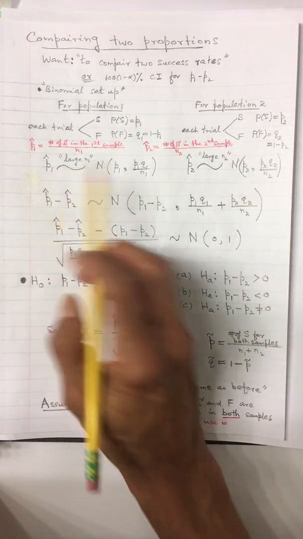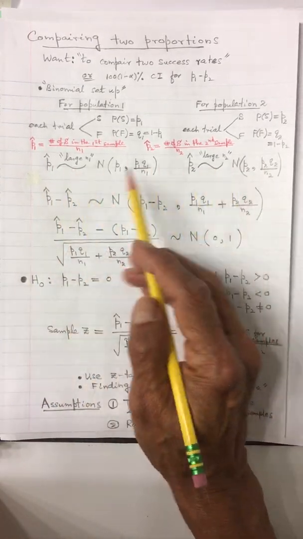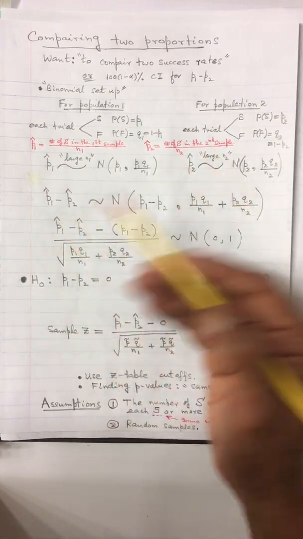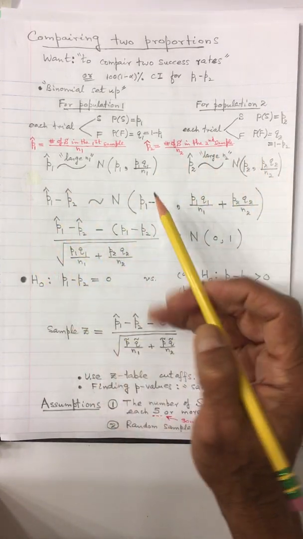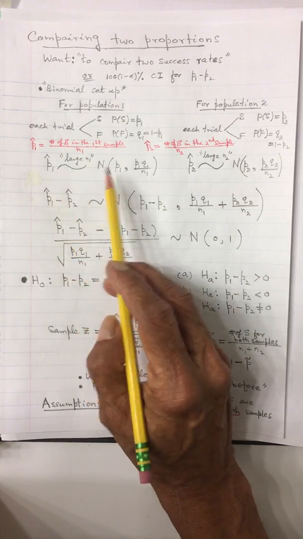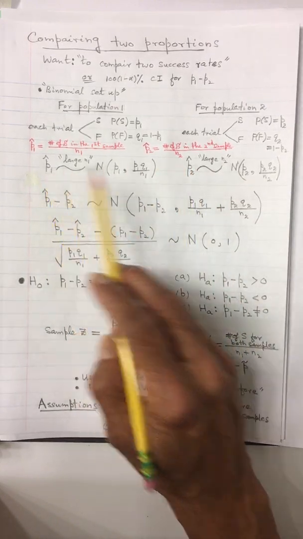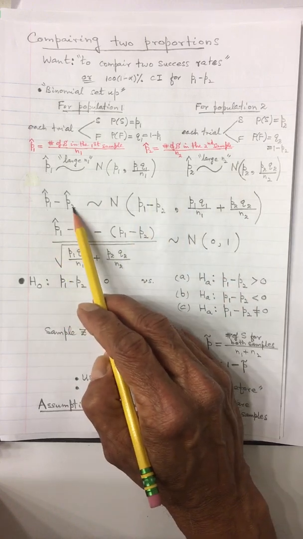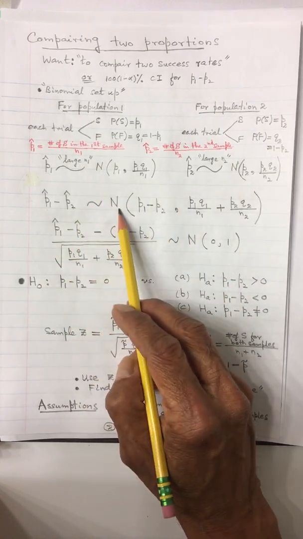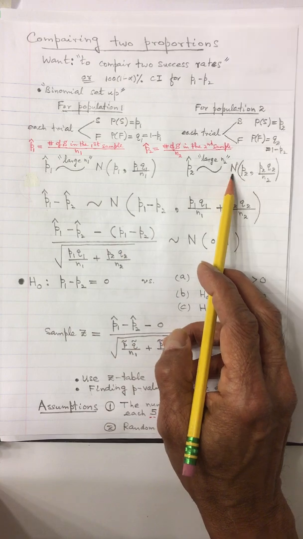You have seen this in the past for the difference between two means, so the same story. Here you have two normal distributions. For the difference, P1 hat minus P2 hat, that will follow another normal distribution, because this is normal and this is normal.